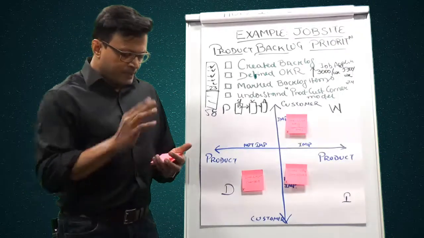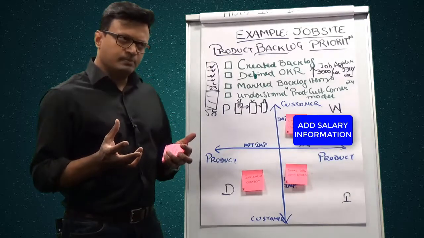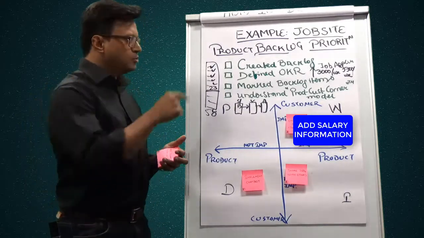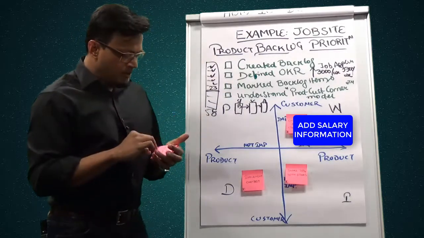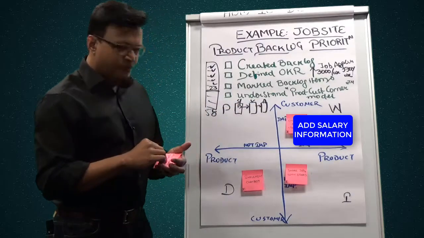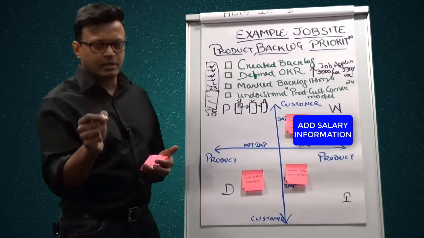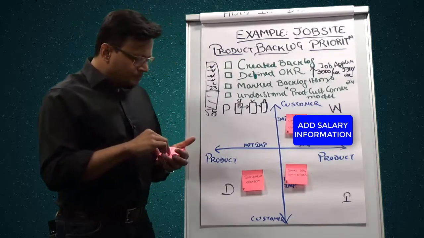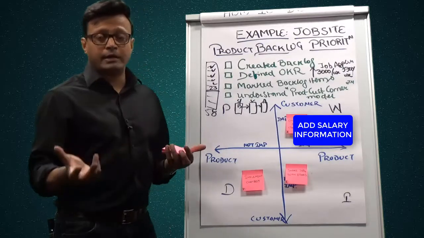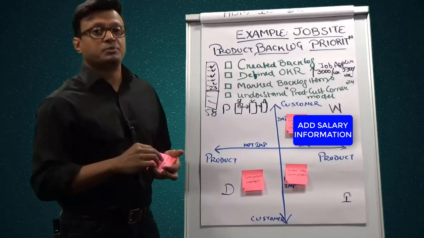Next one is add salary information on the jobs. Now this is quite important, because the users who are the job seekers who come to the site to search for jobs and apply for jobs, if we give them proper information about the job, we provide the salary, the per annum salary or the per day salary, then from the statistics and analytics we have seen, the more information there is on the job, people apply to those jobs more.